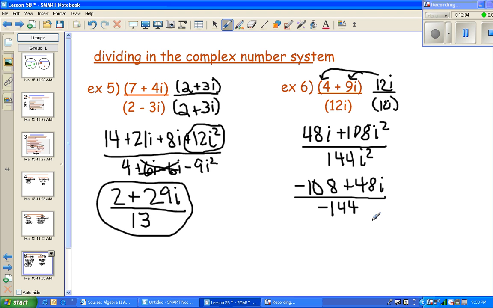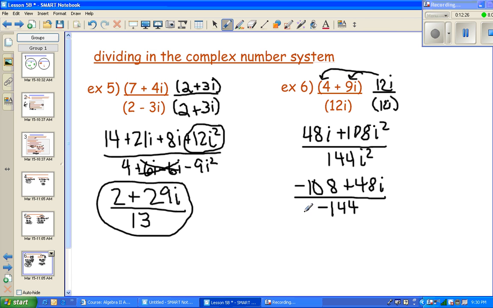So you might want to try 24. 24 doesn't go into 108. So let's just try 6 for a second.